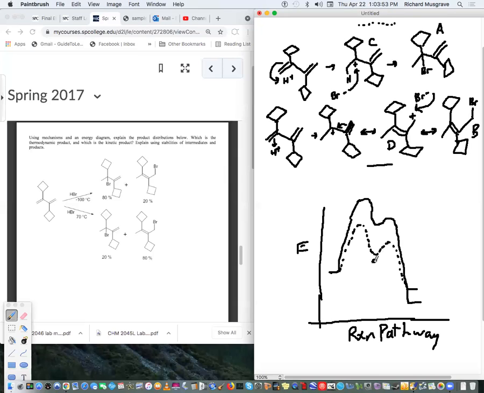This is for C, and this one is D. If you look at C, it's a tertiary C+, which makes it more stable. And then for D, that's a primary C+. And then down here, we've got the products, and this will be the one I've labeled A and B, and B is more substituted, so it's more stable.